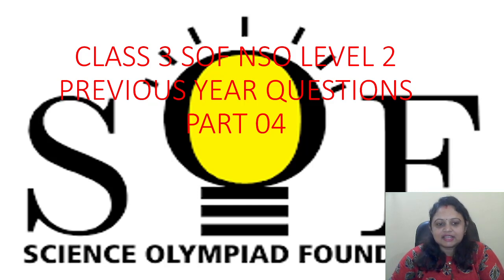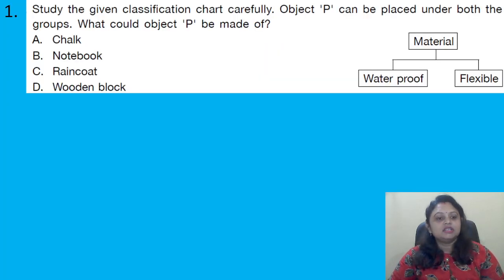Yes, let's get started. Our first question: study the given classification chart carefully. Object P can be placed under both the groups. What could object P be made of? Options are A, chalk, B, notebook, C, raincoat, D, wooden block.